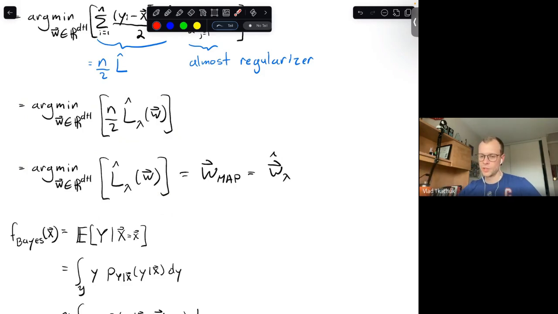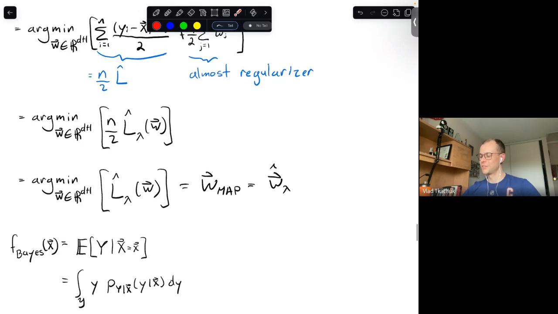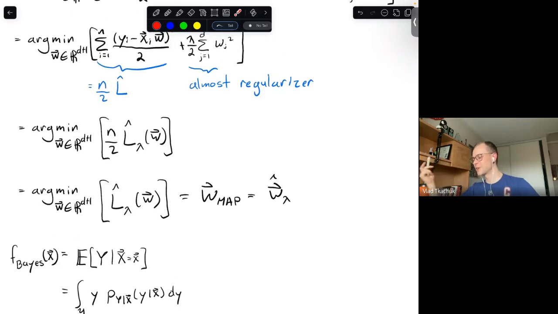And then to answer some more questions: lambda is derived from prior knowledge now, right? Unlike before, where we chose an arbitrary lambda to control the size of the weights. It seems you're implying that lambda is derived from prior knowledge, and I'm saying prior knowledge, but these are really kind of the same thing. You pick a lambda, and based on the lambda you pick, you get a different solution, so it's your choice of lambda.